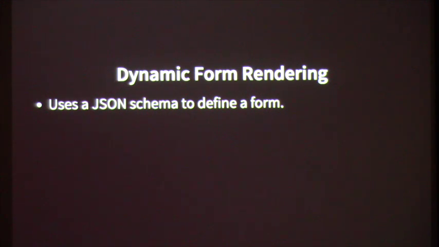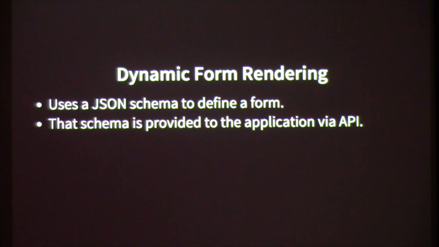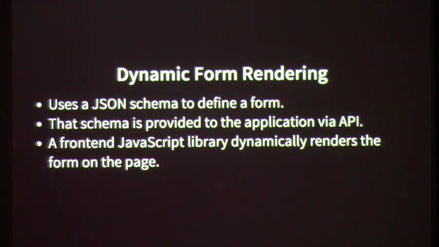So this JSON schema is then provided to the application via an API. So the application, instead of requesting a form, actually just requests schemas. And that JSON schema is handed to a rendering engine, which is a JavaScript library. So this JavaScript renderer takes this schema and then dynamically renders it on the page in real time.